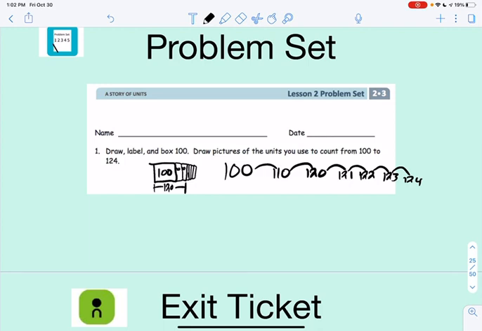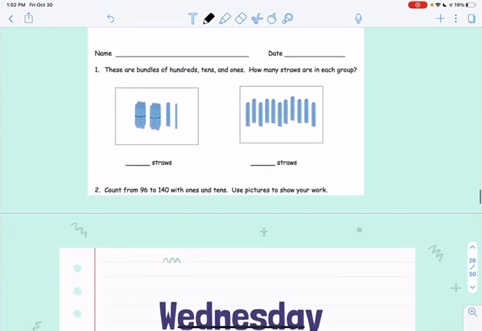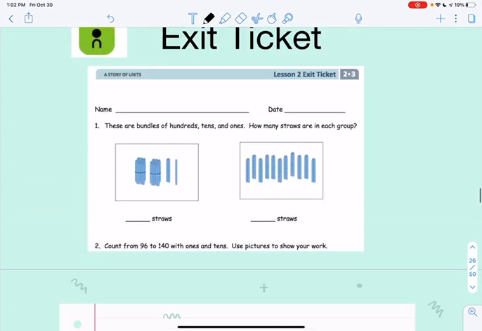Now let's look at the exit ticket. These are bundles of hundreds, tens, and ones. How many straws are in each group? What is this bundle worth? This one's worth 100. What is the next bundle worth? It's the same, so 100. What is the next bundle worth? It's smaller. Notice that.